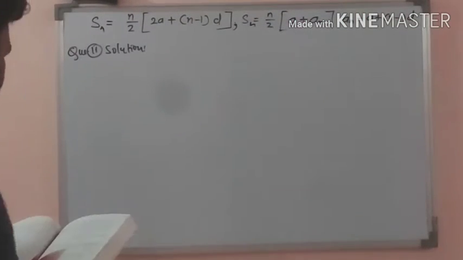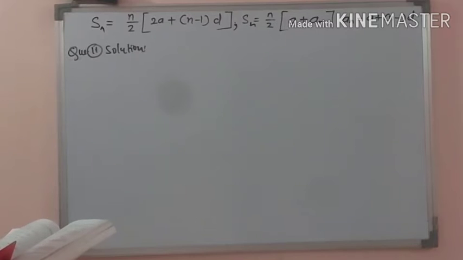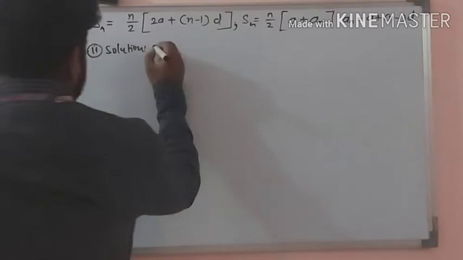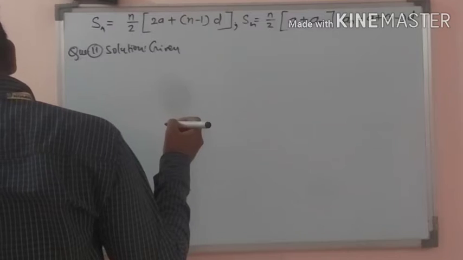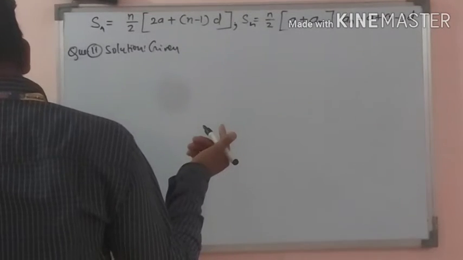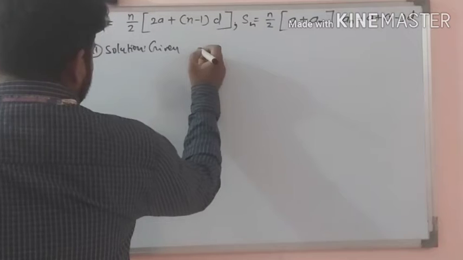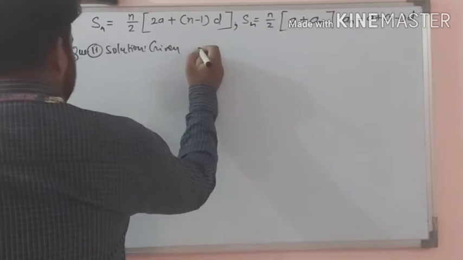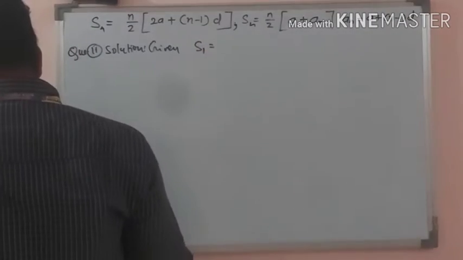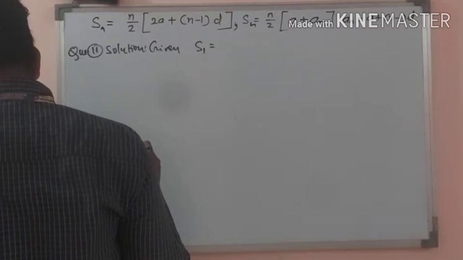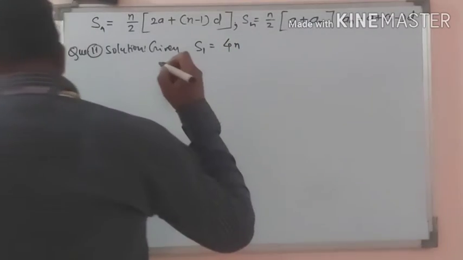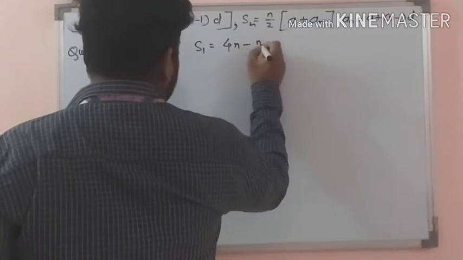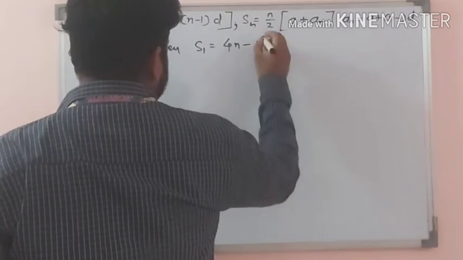Now question number 11. If the sum of the first n terms of an AP is 4n minus n square. Okay, given data: if the sum of the first n terms, that means S1, is given by 4n minus n square.